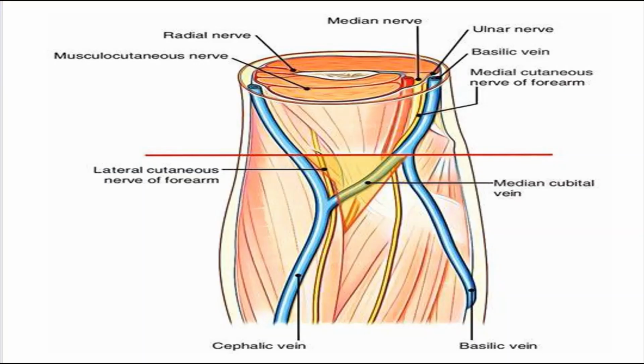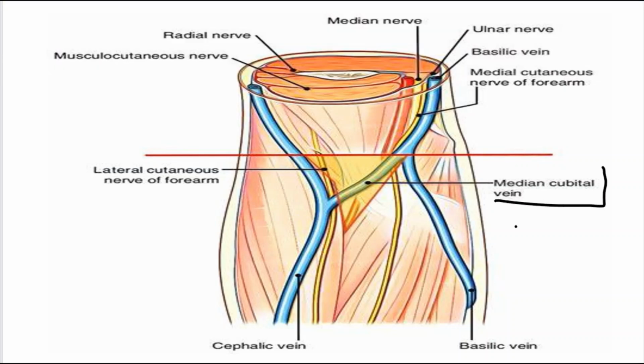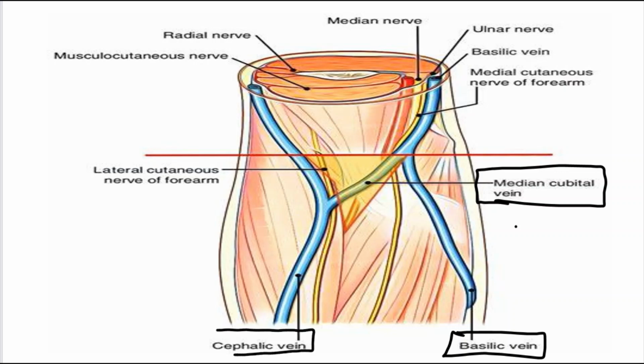When we look at the roof, you also find this vein here on the roof of the cubital fossa, which is called the median cubital vein. The median cubital vein communicates the basilic vein on the medial side and the cephalic vein on the lateral side.